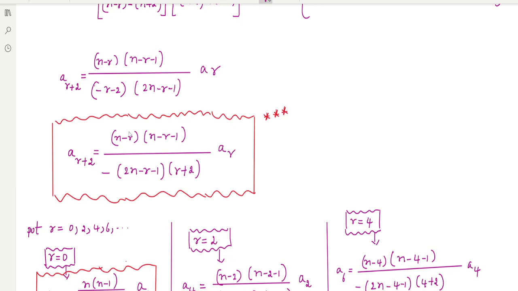a r plus 2 is equal to n minus r into n minus r minus 1 divided by minus 2n minus r minus 1 into r plus 2 into ar. This is our nth term. Now the polynomial, that is the nth term.